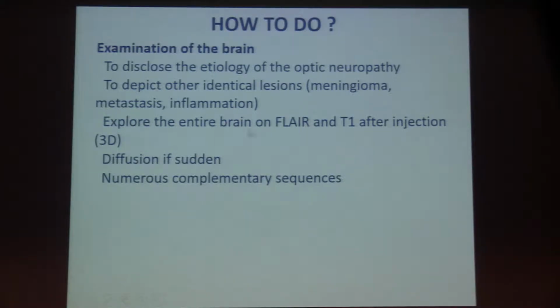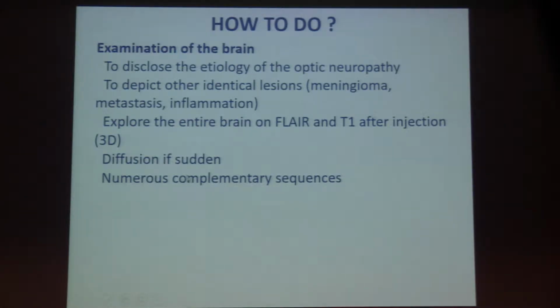You have to explore the entire brain with FLAIR and T1 after injection, and the best way to make a complete examination is to use 3D sequences. Of course, it's not available on all machines, but if you have the possibility to perform 3D sequences, it is the best way to see if there is any lesion.